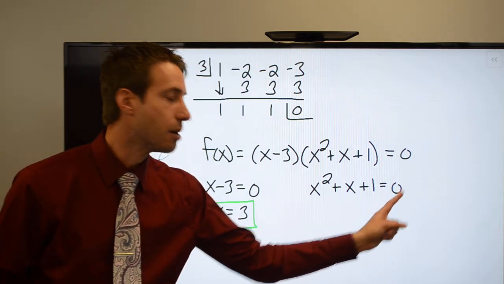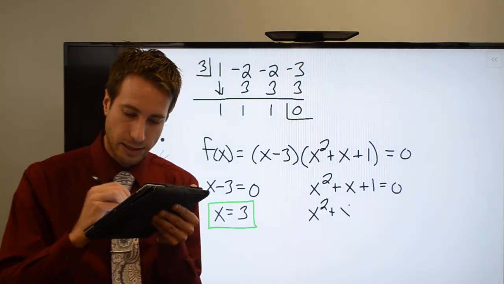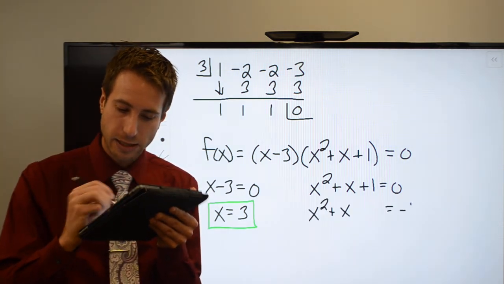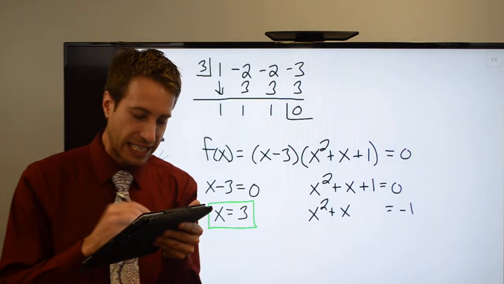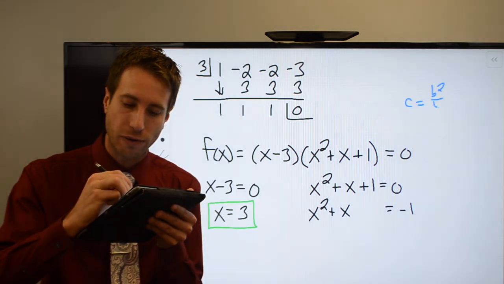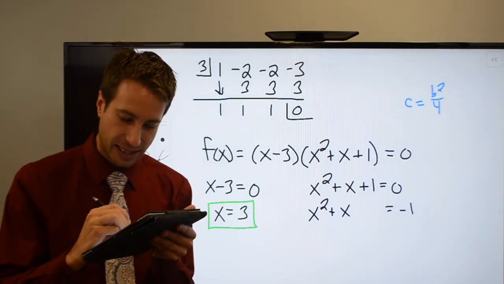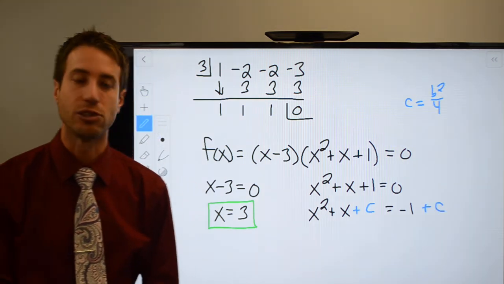The first thing I need to do is move the 1 to the other side. So x squared plus x. Leave yourself a little space. -1. Now, in order to complete the square, remember, I need to add a c that is equal to b squared over 4. Right? So I'm going to add a c here, and whatever I do to one side, I have to do to the other side.